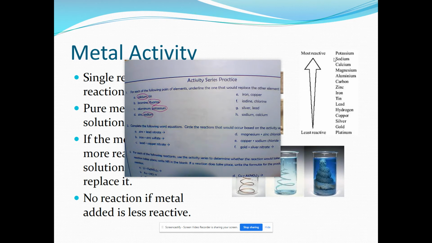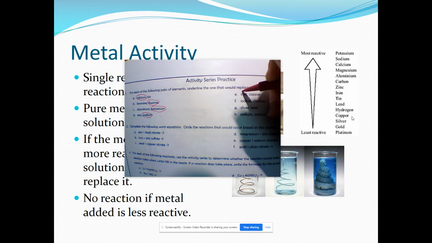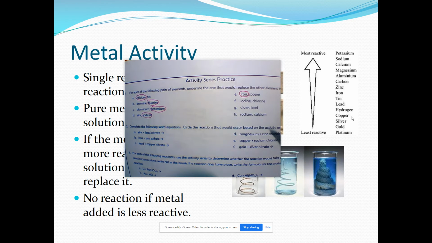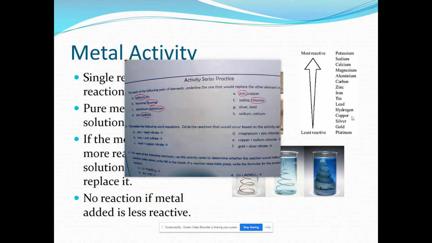Okay. So again, we're just looking at where they are on this table. Which one is higher up? Iron versus copper. So iron is up here. Copper is way down here. Iron will react. Iodine versus chlorine. Chlorine is above iodine, so chlorine will react.